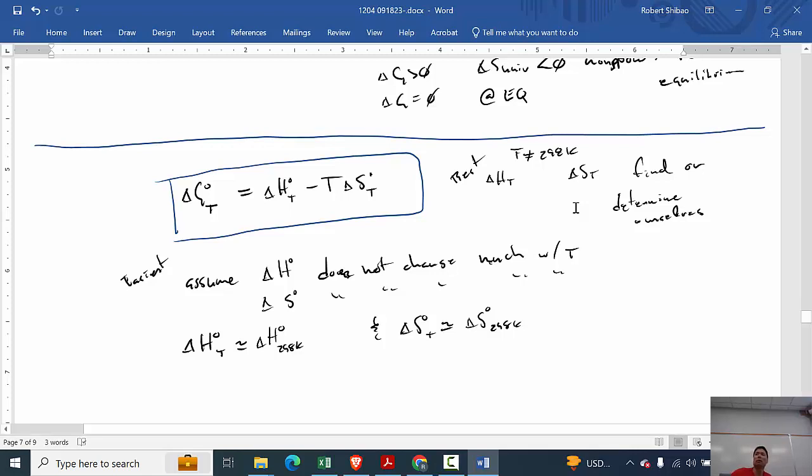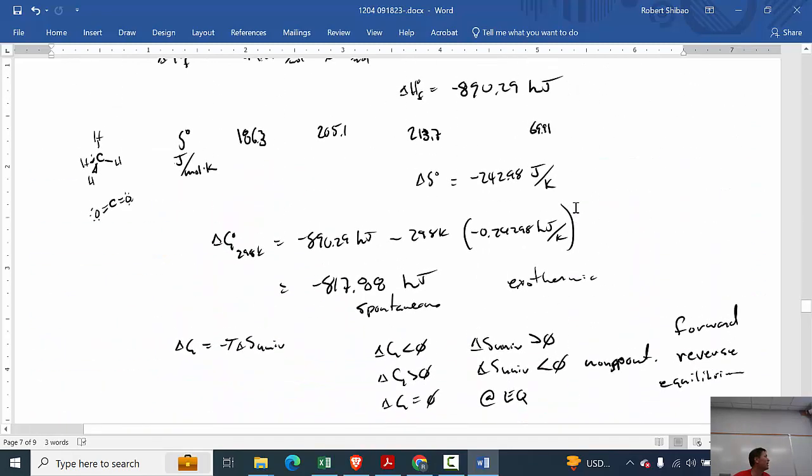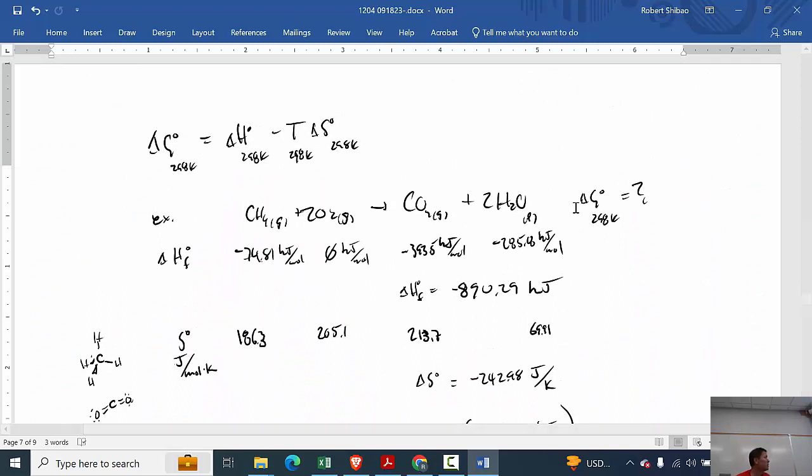So we'll do this. This only works if the phase doesn't change. So for example, if I say, okay, I'm going to apply that to this, but if I go above 373 Kelvin, what's going to happen above 373 Kelvin?